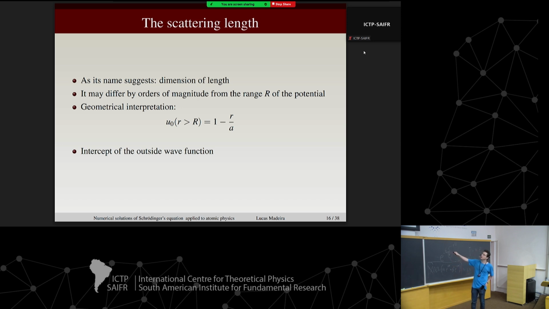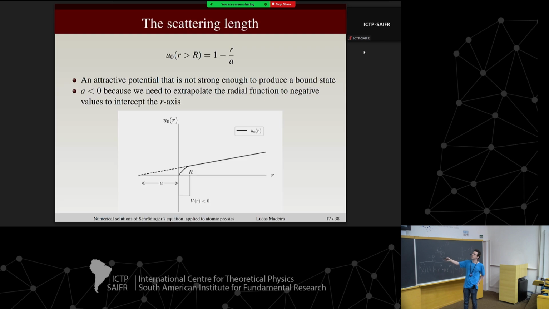Because when this happens, let me show you a picture. When this happens, I get 1 minus 1, I get 0, okay? So the first example that I'm giving here is if you have an attractive potential. It's going to have some solution that depends on the potential up to its range, but outside of it, it's going to be a straight line.